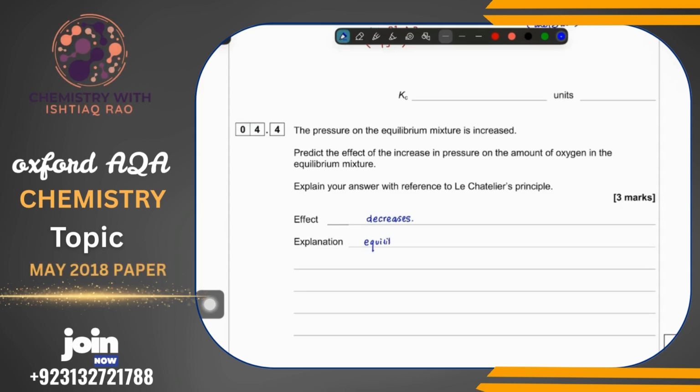The equilibrium moves to decrease pressure.